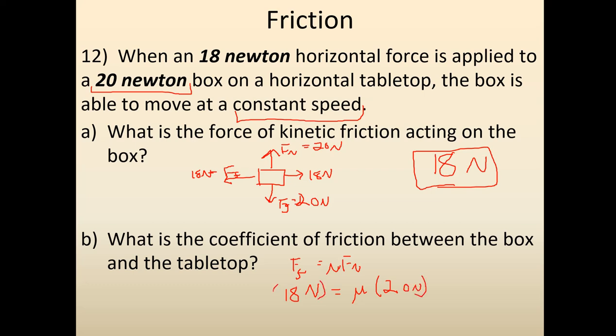So we just do 18 divided by 20, and we should end up getting 0.9 as my coefficient of friction. And remember, there are no units involved, so it's just 0.9. All right. Most of the time, the coefficient should be less than 1, but I don't think it has to be less than 1.